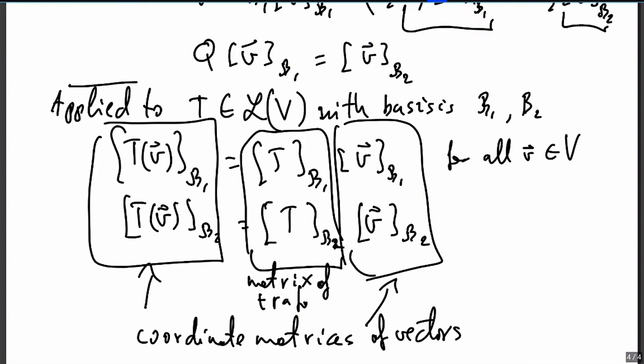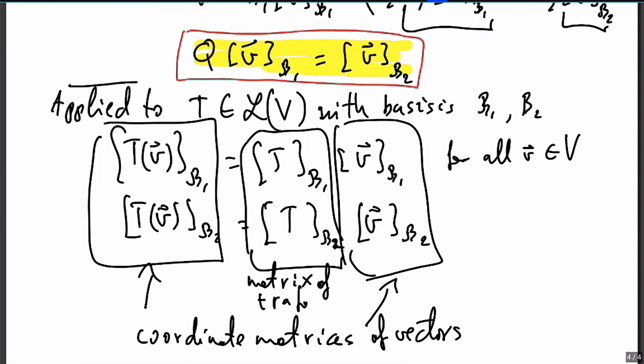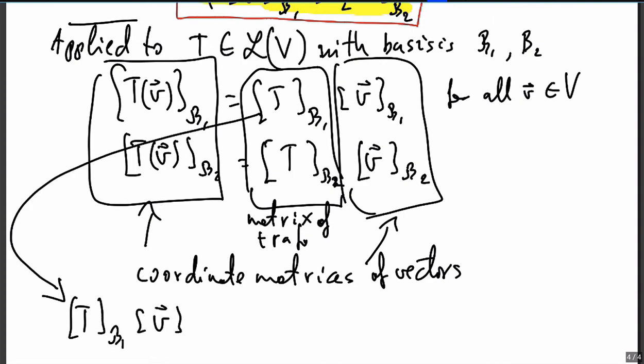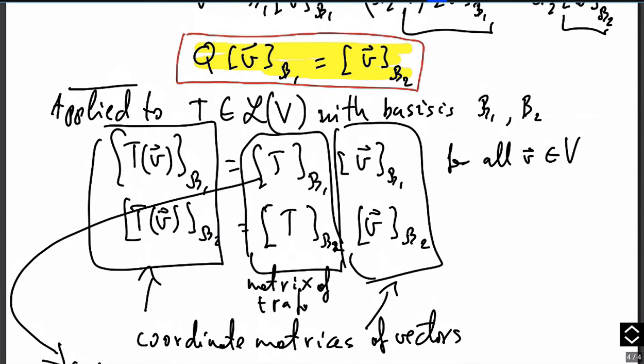Then if we use this identity, starting with the right hand side, the matrix of the transformation in B1 times the coordinate matrix of V in B1. If we multiply this with Q, then this is Q times the left hand side, which was the TV vector in the B1 basis, the coordinate representation.